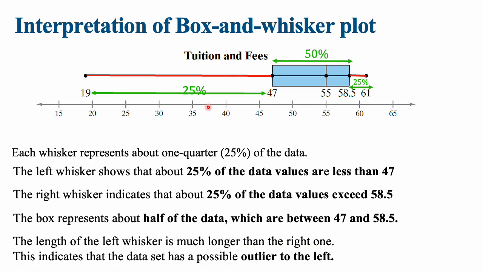This indicates the data set has a positive outlier to the left. Also, this one is skewed left because the left side has a longer tail. That's how you understand this box and whisker plot.